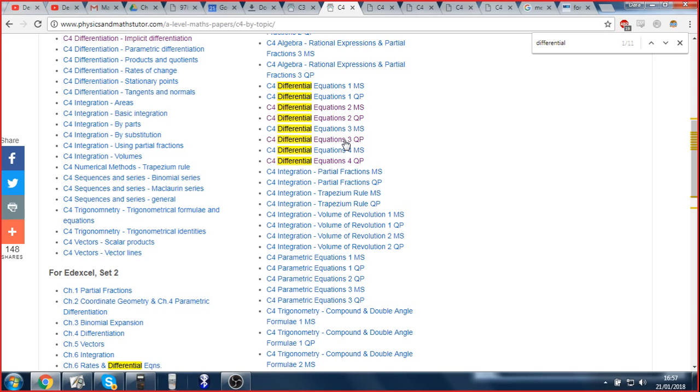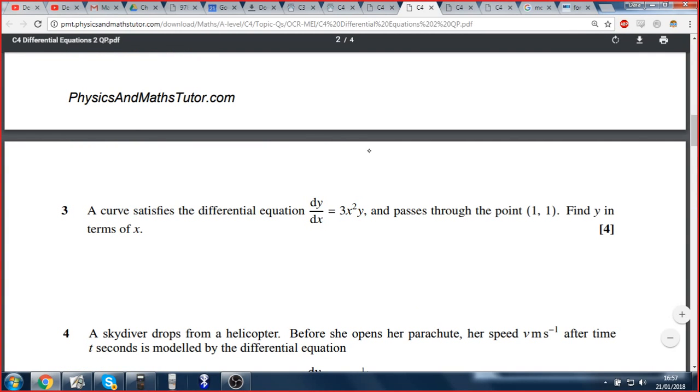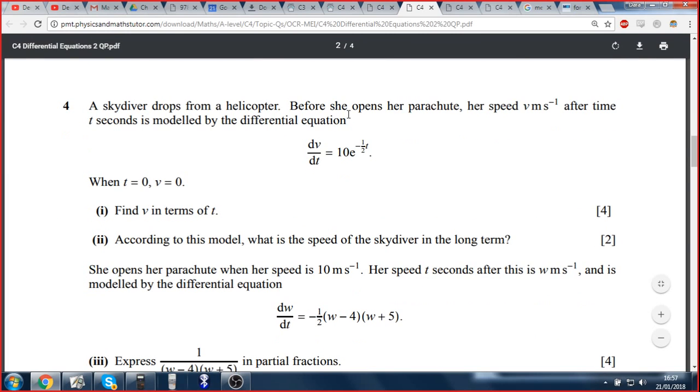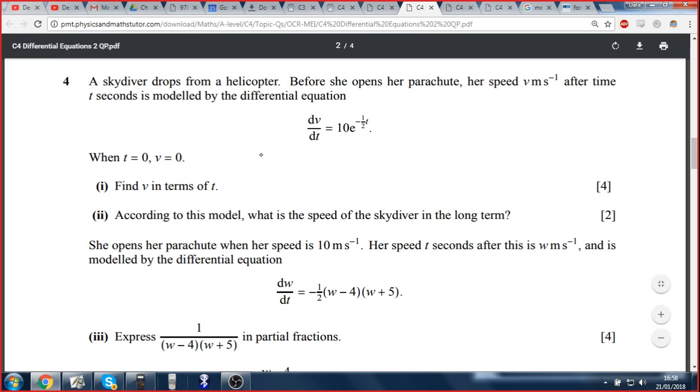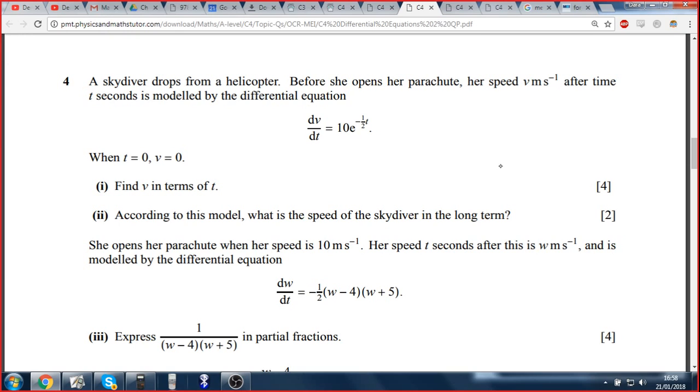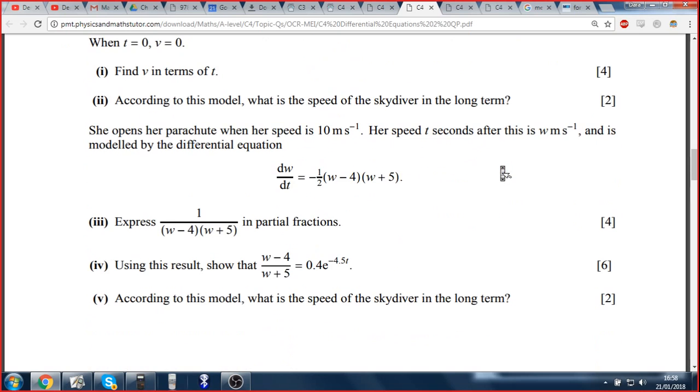And I just want to see what these exam questions look like. So that one, and then there's these kind of long ones. Find v in terms of t. So we did that exponential. What is this? Yes, so what would be for part 2 for this one? Yeah, so that's just putting it into real life terms.